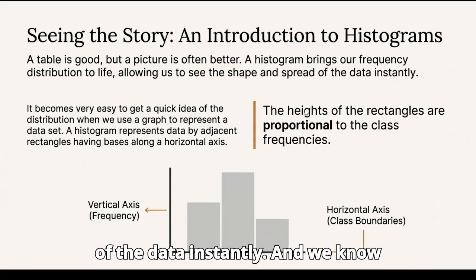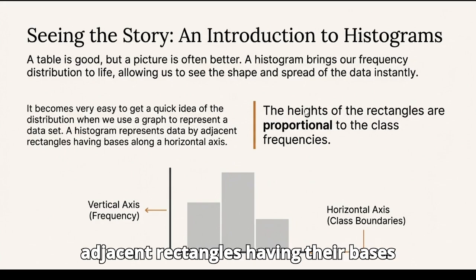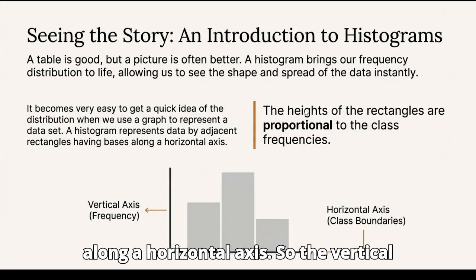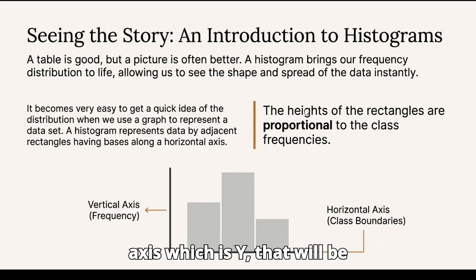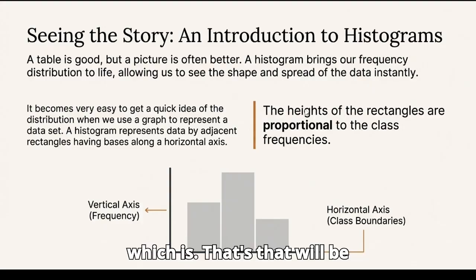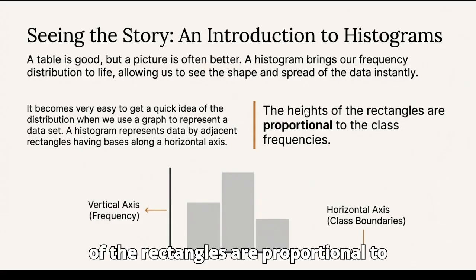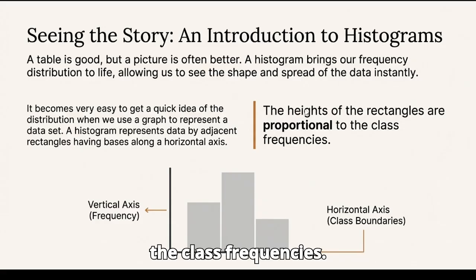A histogram represents data by adjacent rectangles having their bases along a horizontal axis. The vertical axis, which is y, will be our frequency, while our horizontal axis, which is x, will be our class boundaries. And the heights of the rectangles are proportional to the class frequencies.